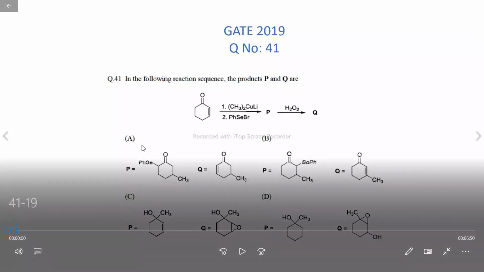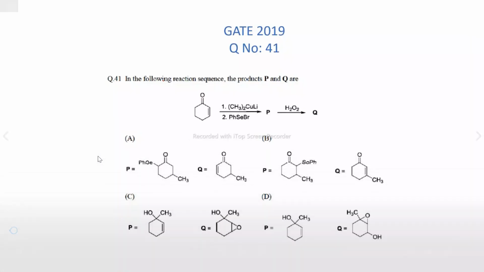Hi everyone. Now try to solve this question. This is an easy question, I think. This is a question from GATE 2019, and this is our alpha-beta unsaturated ketone. We are using an organocopper complex followed by phenyl selenium bromide, so a product will form that is again treated with H2O2. What product will form? Tell me the answer. First try, then we'll solve.